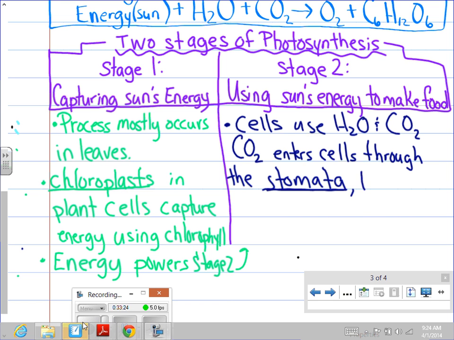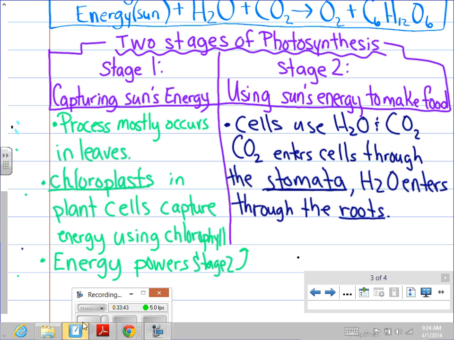How does H2O get there? How does H2O get through the cells? Through the what? Through the roots. And this was just in brain time. If I'm underlining it, it must be important, which means you should know it.